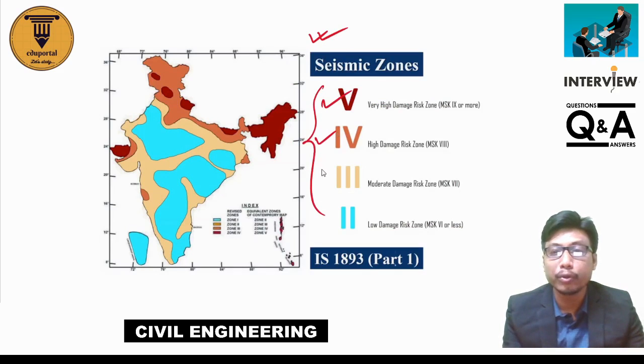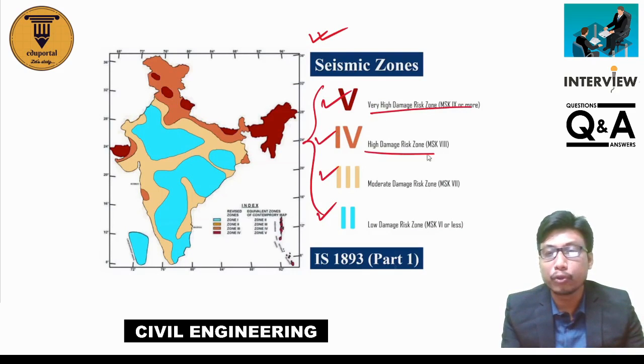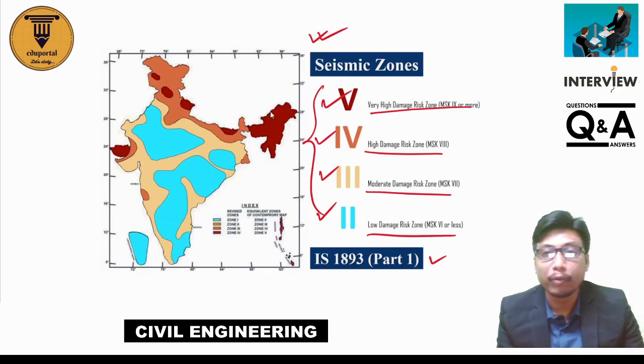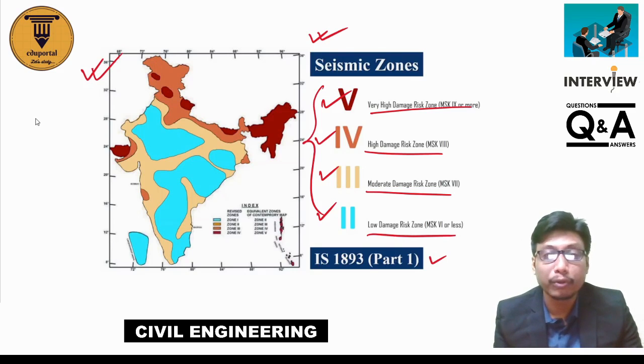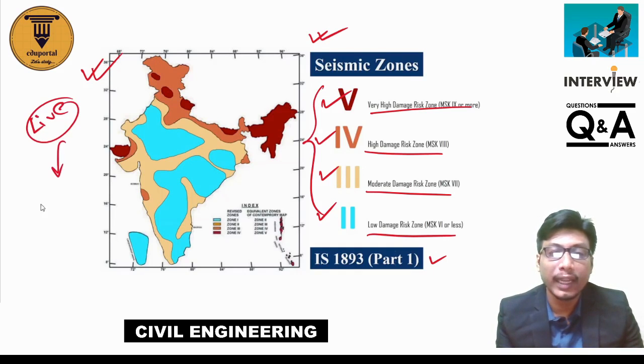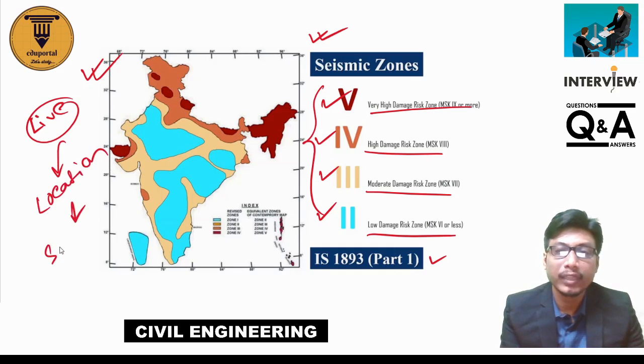You need to tell this, and just study the names of the 4 zones. The code is IS 1893 Part 1. And then the question comes: where do you live, and under which zone does it fall? So just make sure you know under which seismic zone the location where you live falls.